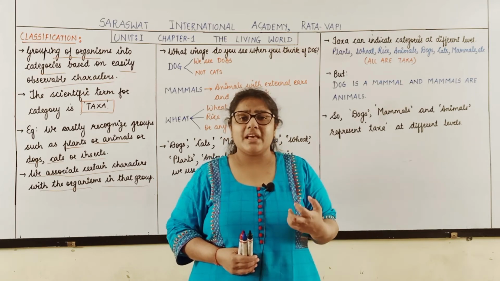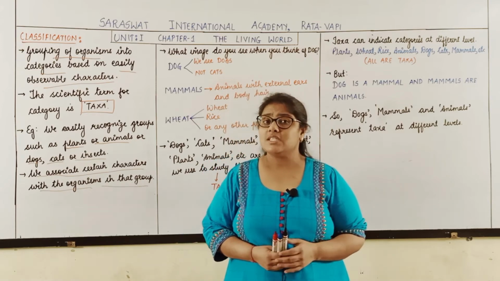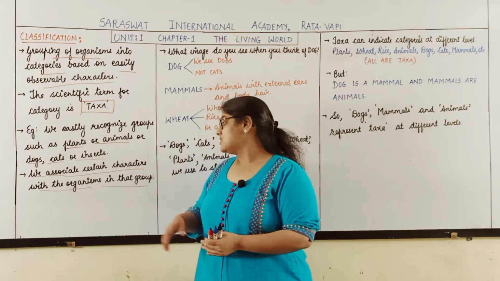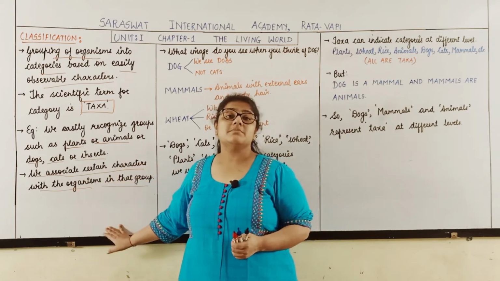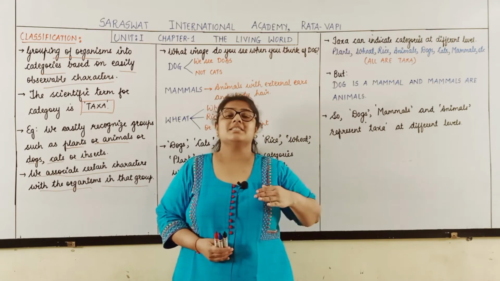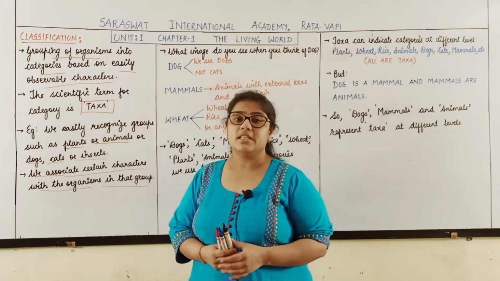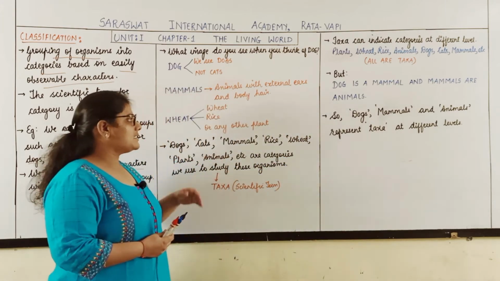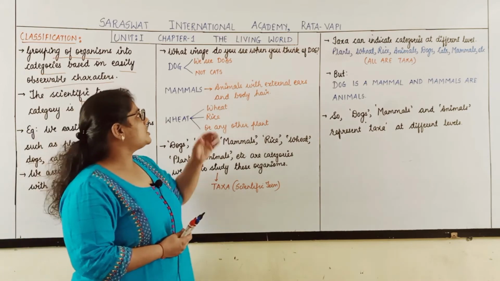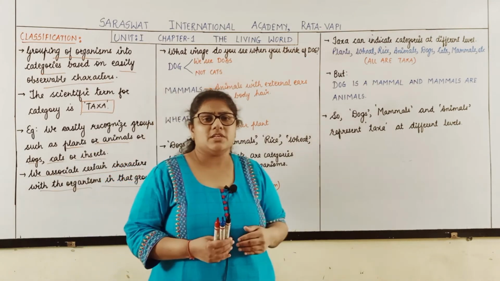Why are we able to say that it is a plant and not an animal? Students, the reason is we associate certain characters with the organisms present in that group. Say for example, if I ask you a question, what image do you see when you think of a dog?